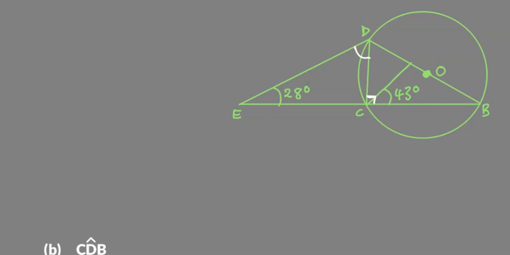Looking at this triangle, the triangle DEC or triangle CDE, we can easily find out that angle CDE is going to be equal to 180 minus angle ECD minus angle CED.